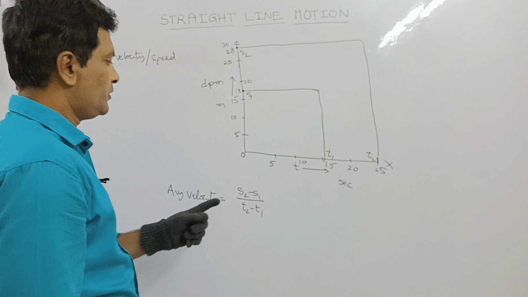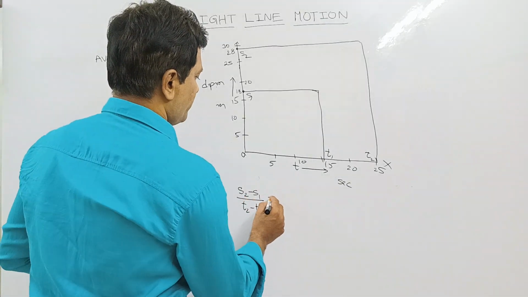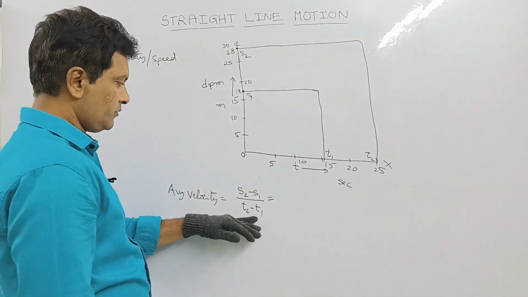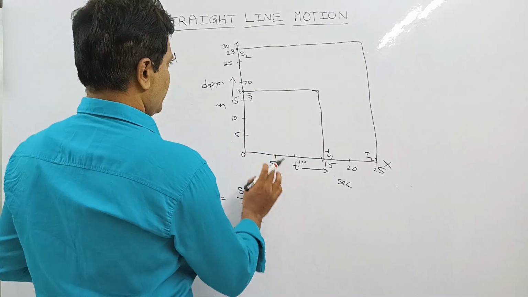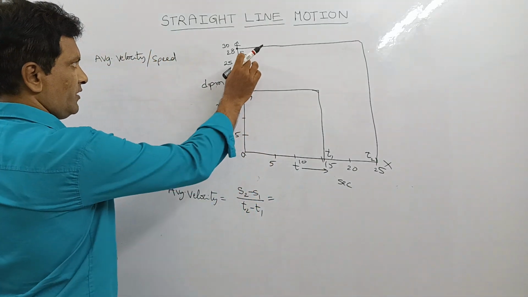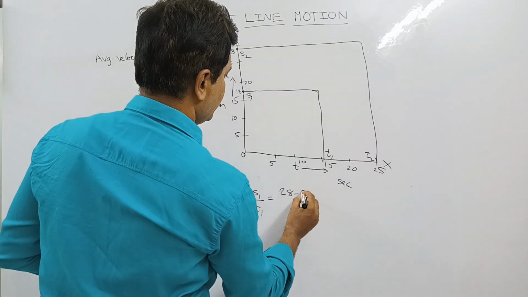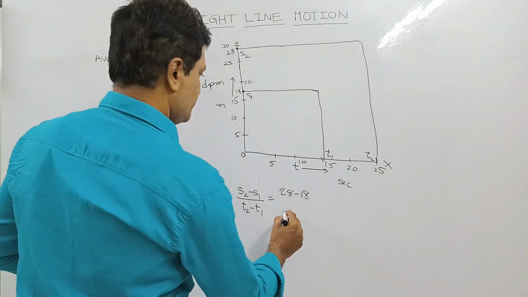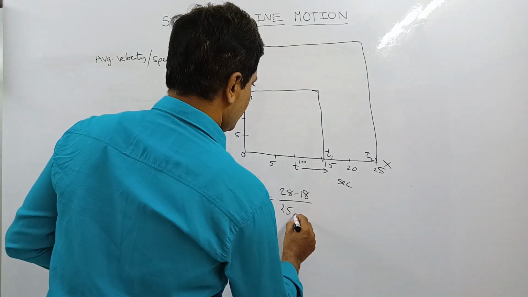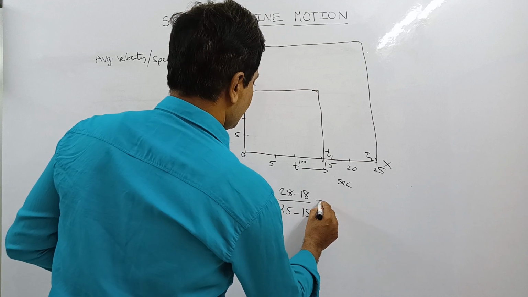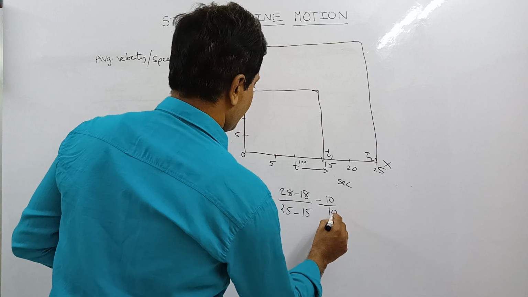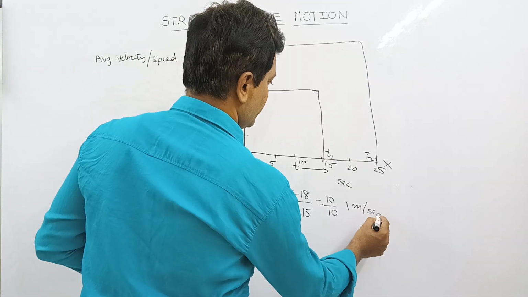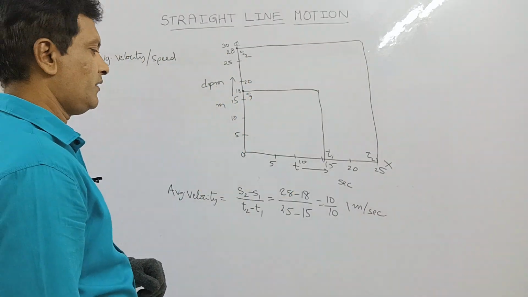Here the position coordinate s2 minus s1, we have already seen this formula. What is s2 here? 28 minus 18, right? t2, 25 minus t1, 15, that is equal to 10 by 10. So 1 meter per second is the average velocity.